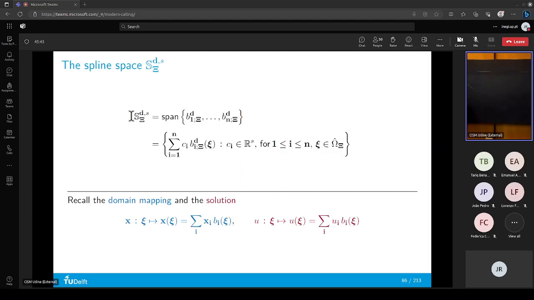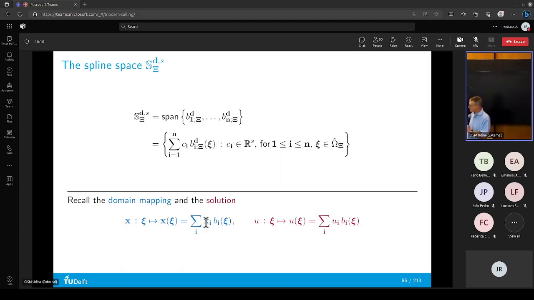And now get back to the domain mapping that I sold you as the other way of looking at FEM. Isn't this exactly what we are doing here? We are defining a push forward from the parametric space to the real space by saying we fix the basis. Okay, we fix the basis here and there. We multiply it with some coefficients.